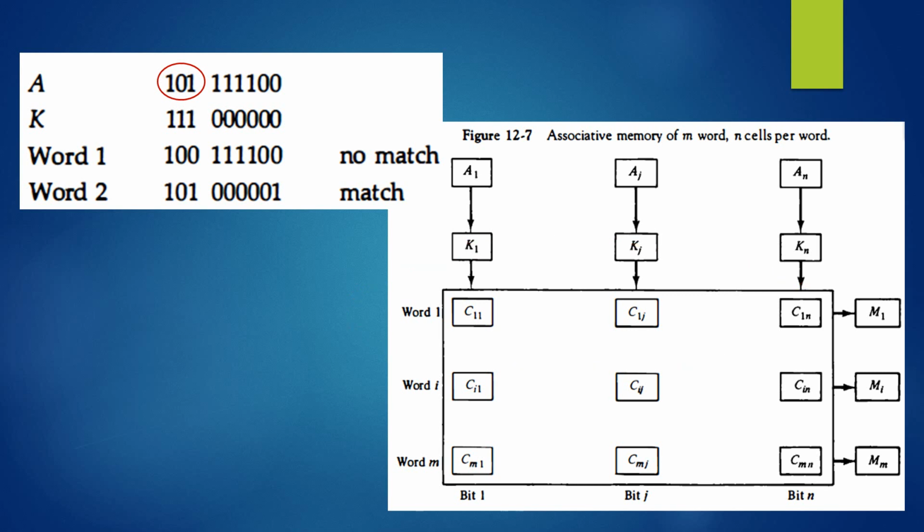Now you can see the content of the first word is 100 and we want to search 101. So the first word is not a match. Now in the second word the content is 101, the other content is all zeros and in the end 1, but as we are searching the starting string, this word 2 will result in a match.